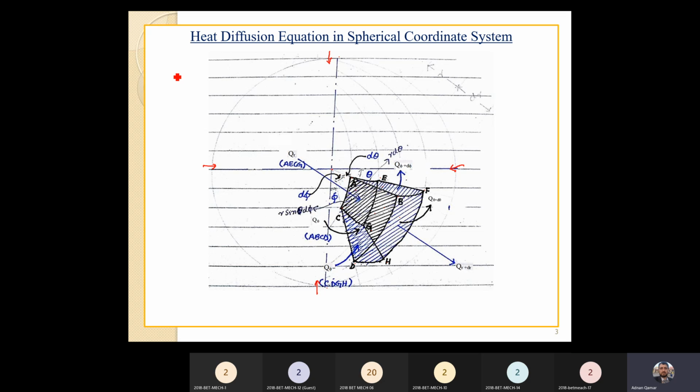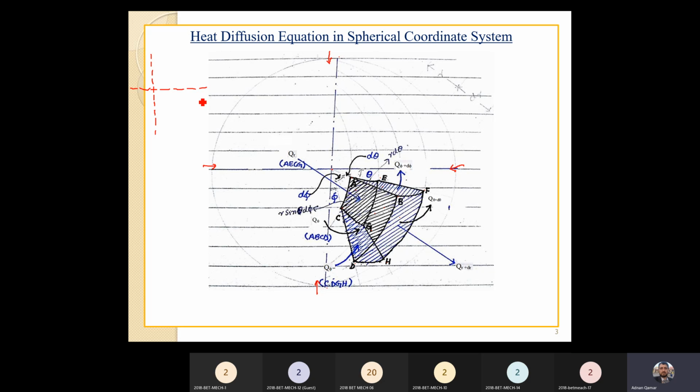Let me try to draw this center line here. I am just drawing it for you so that you may get a better understanding of what we are going to do.